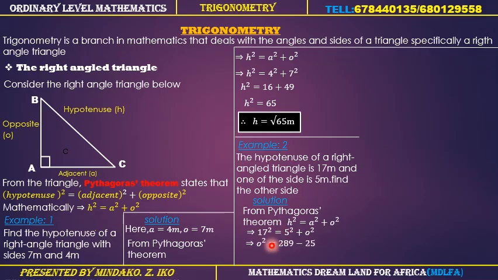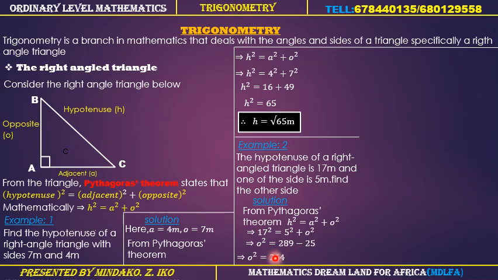So we have o squared equals, now what is 17 squared? 17 squared is 289 and 5 squared is 25. So if this 25 crosses the equality sign, it becomes negative, and that is o squared. Now what is 289 minus 25? It is 264.